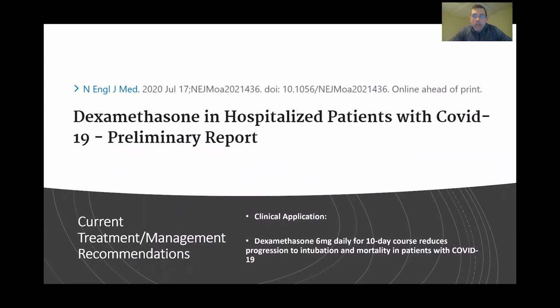You have to start this treatment section off with dexamethasone. Many thanks to the British for studying dexamethasone, an extremely affordable treatment, in which they showed that the use of 6 milligrams daily for 10 days in symptomatic individuals who required oxygen decreased progression to intubation and decreased mortality.